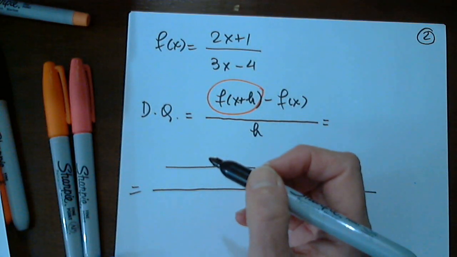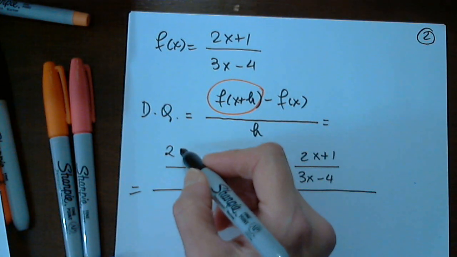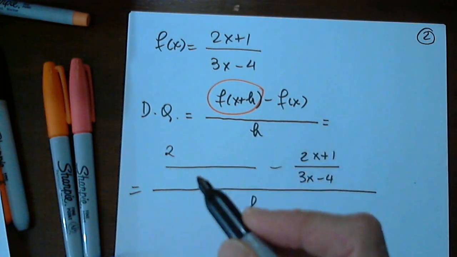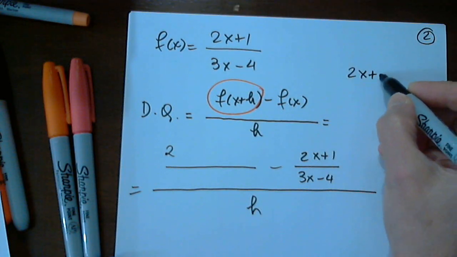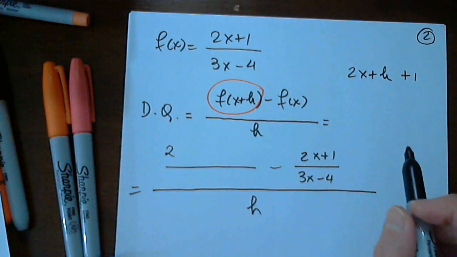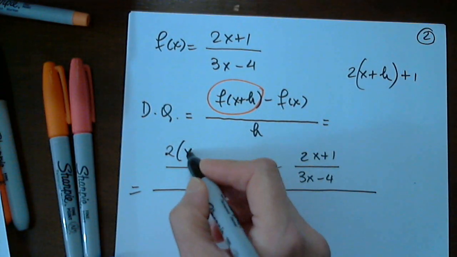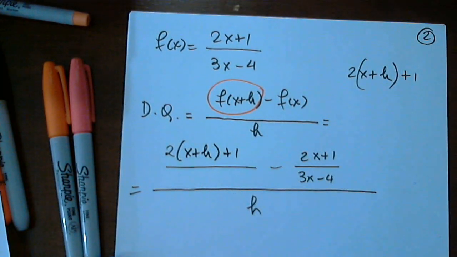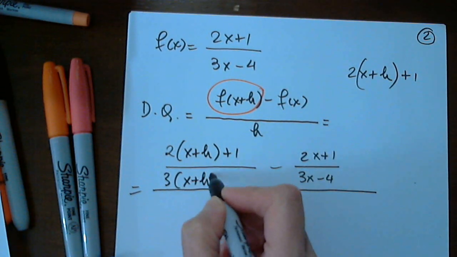If you say that, then you have to say something else. Something is missing. You're correct, but something is missing. You said 2x plus h plus 1. What is missing? Oh, the parentheses? Excellent, excellent. Perfect. And the denominator, now I know you're going to say the same thing.